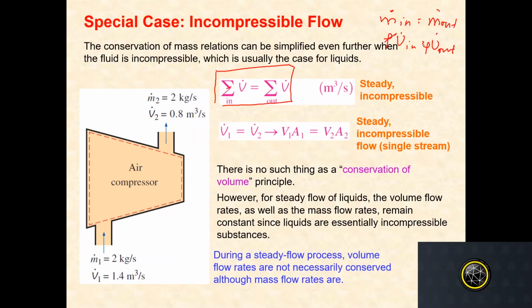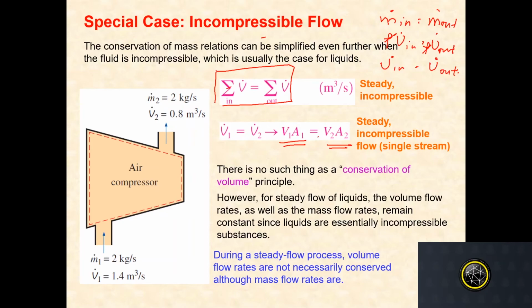Since the density remains constant, that's why we have V in equals V out. And from there we get the simplified version of this. Before this we have density, now we don't have density.